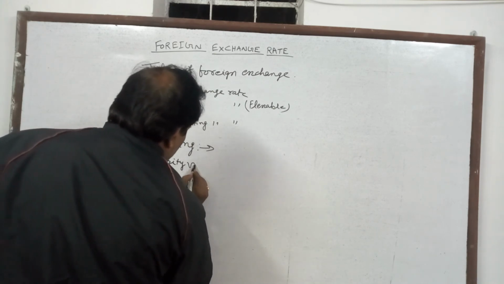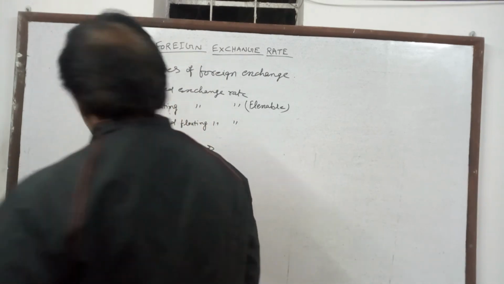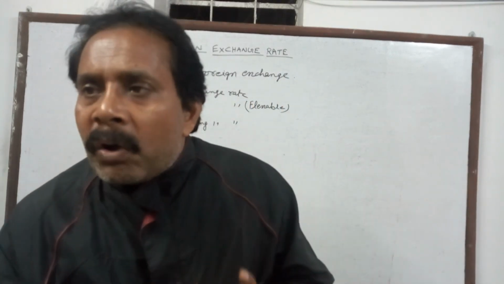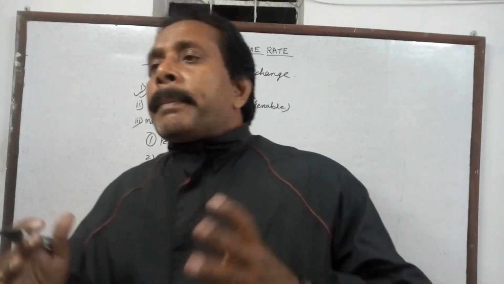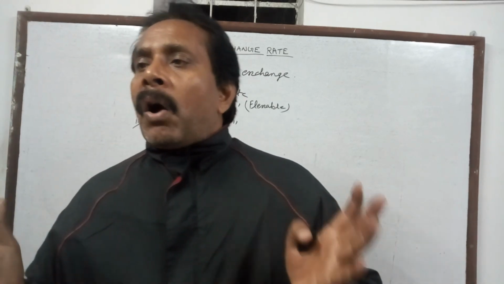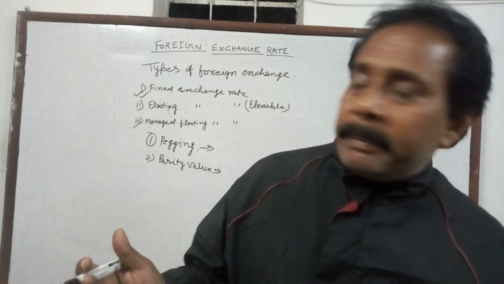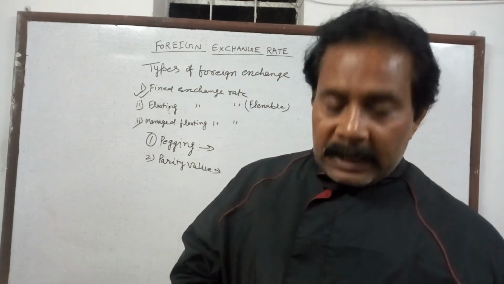Now next one is the parity value. Okay, so what is the parity value? So when the value of a currency is fixed in terms of some other currency or in terms of gold, or any precious metals, that is known as parity value. Clear?